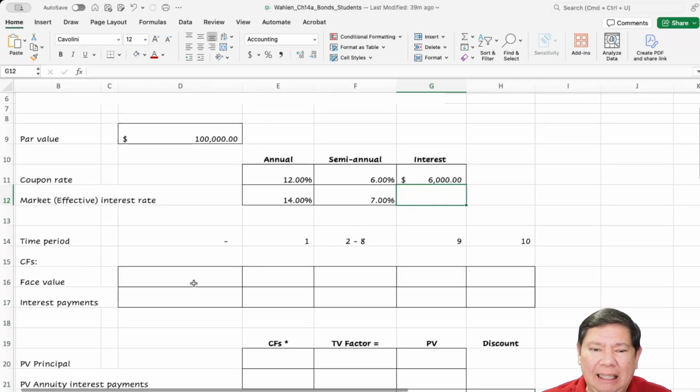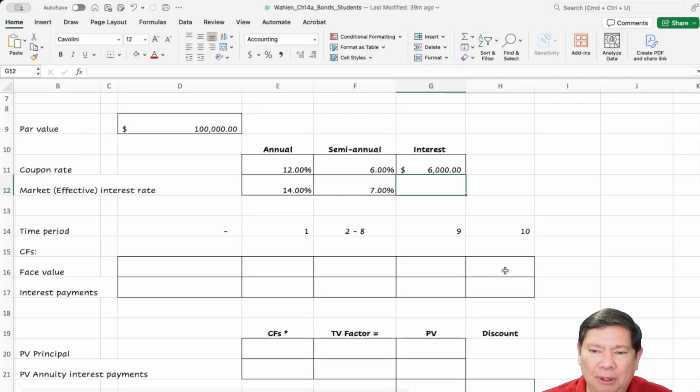So we can see that the cash flows at the end of period 10, 5 years becomes 10 6-month periods, 100,000. So you see that that's a lump sum amount.